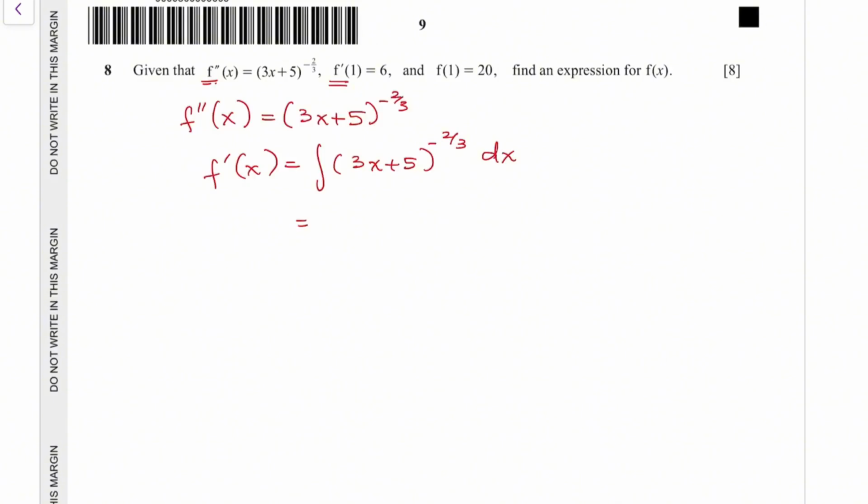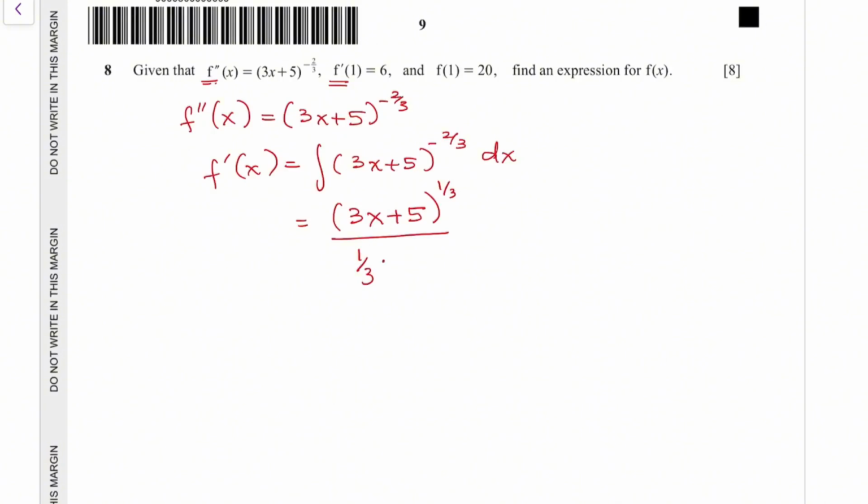Okay, let's do it again. Remember, the power will increase by 1, so you have here 3x + 5. Now negative 2 over 3 plus 1, which is 3 over 3, that would give you 1 over 3. And then you are going to divide with the power, which is 1 over 3.